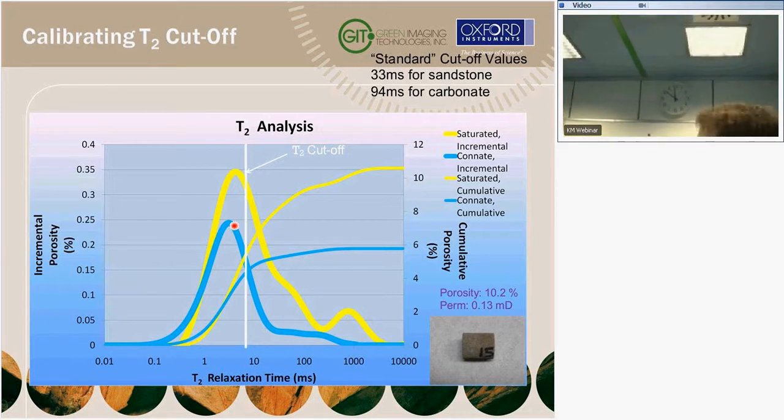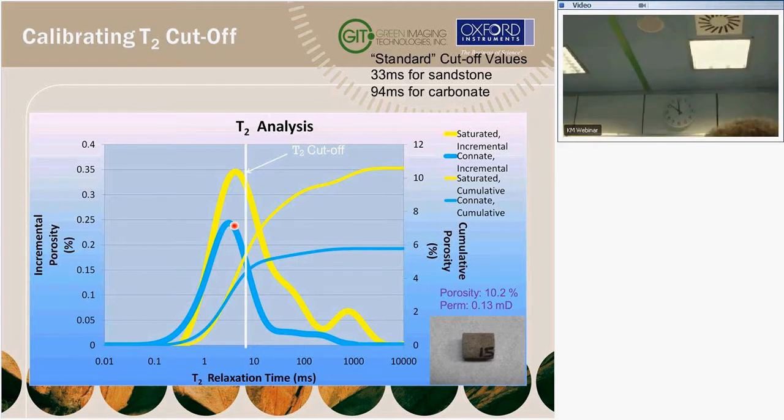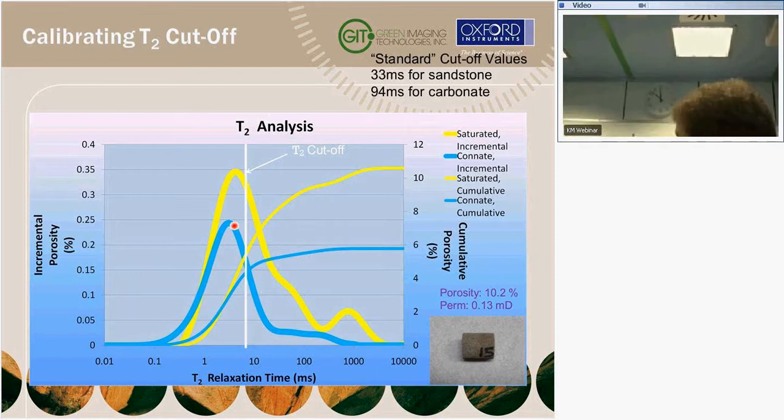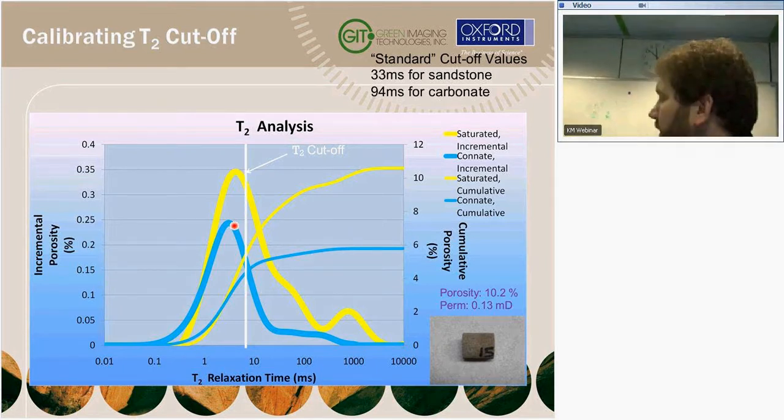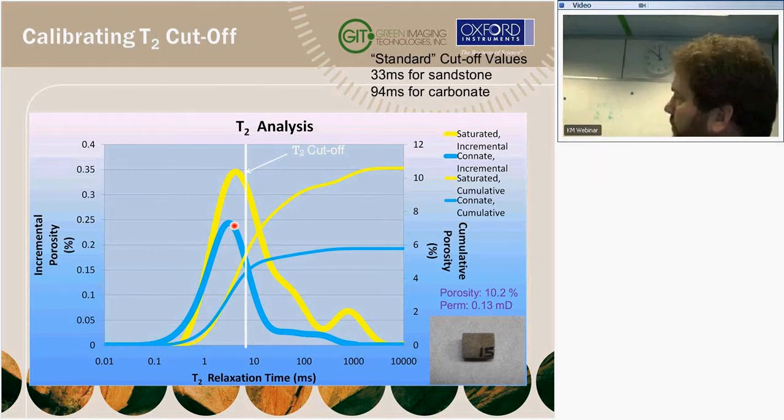If you have a light oil that's very water-like, then its diffusion coefficient will be the same, so we can't distinguish them. In some instances we can see the differentiation, and where we can, yes, we can quantify how much oil and how much water. So we can look at the oil saturation and the water saturation.